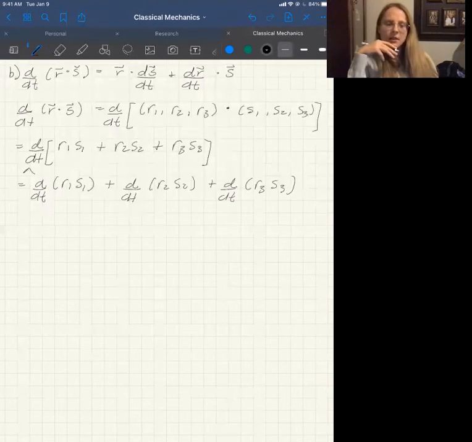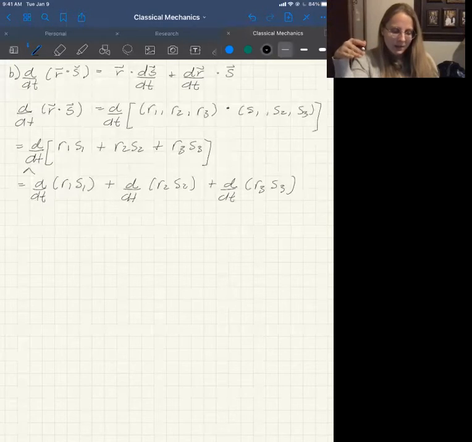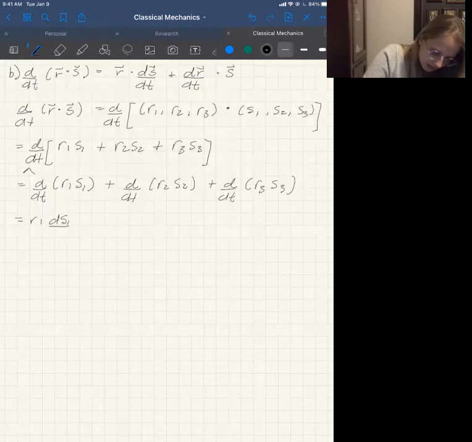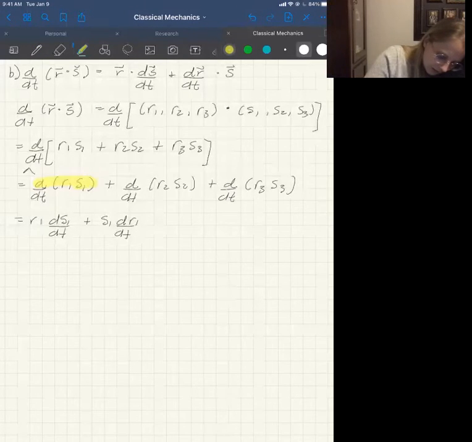Now remember that R1, R2, R3, and S1, S2, and S3 are real numbers, and we know that the product rule applies to real numbers. So applying the product rule here gives me R1 times the derivative of S1 plus S1 times the derivative of R1. That would be what this first term equals.